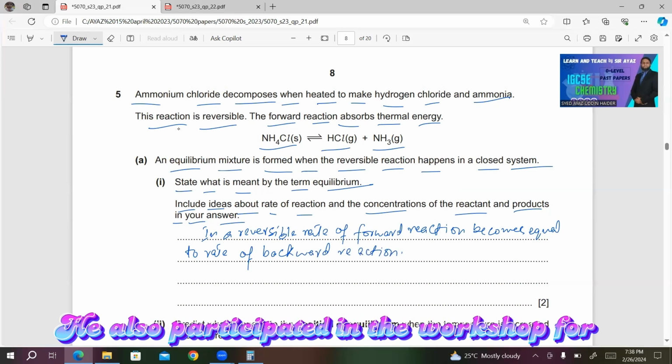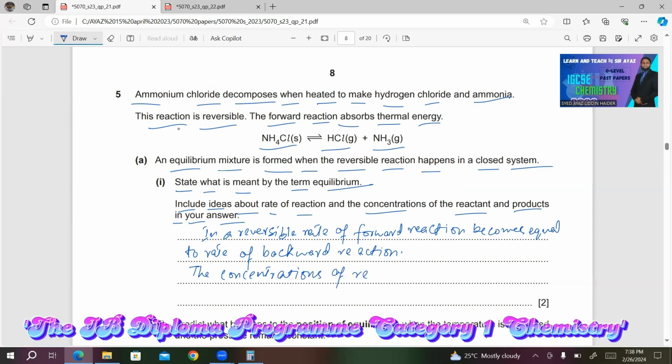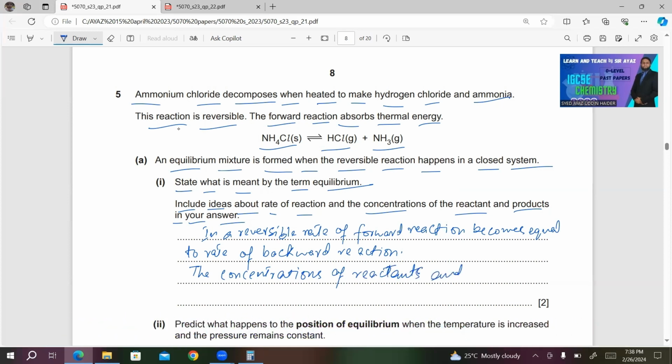The concentrations of reactants and products are no longer changing or remain constant. The concentrations of reactants and products do not change.